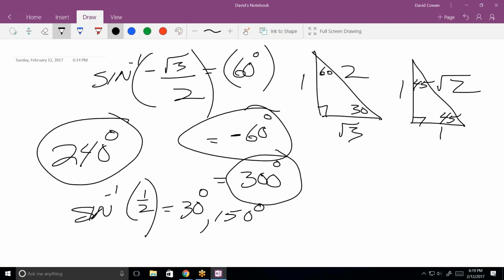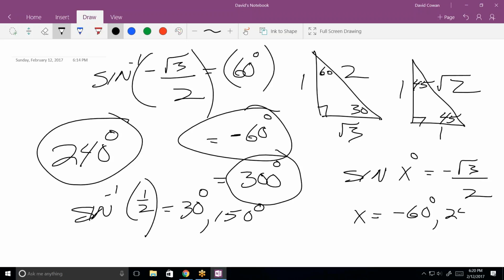Whereas when you go to solve equations, if I said to you the sine of x degrees equals negative root 3 over 2, and x is anywhere in the unit circle, you're going to come up with minus 60 degrees as one answer, and another answer is 240 degrees.